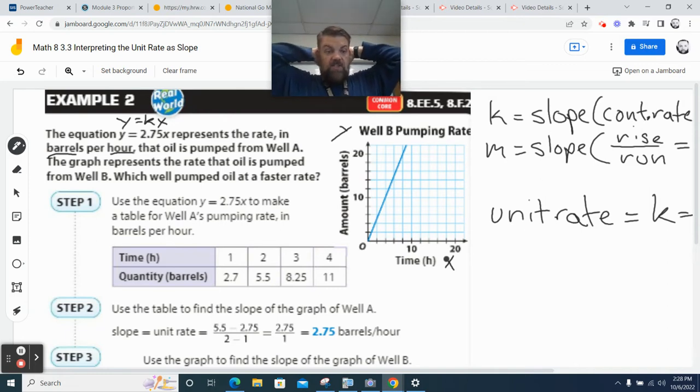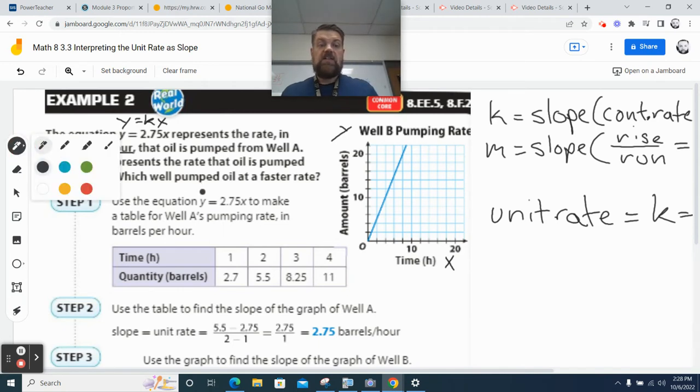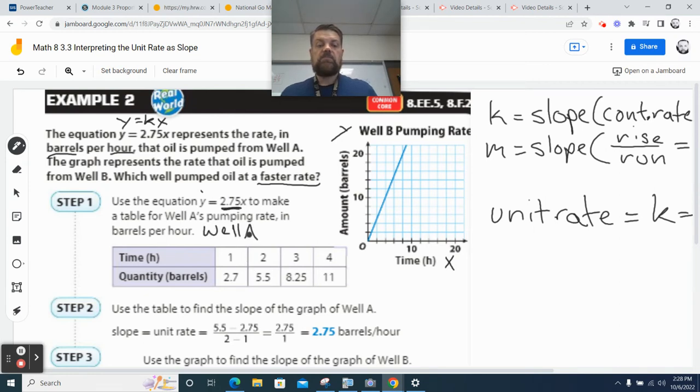What do you think they want us to do for well B? They want us to compare. So they want to know which one has the higher rate or lower rate, right? Well, specifically, they say which pump has the faster rate. Well, I know that well A has a 2.75 rate.